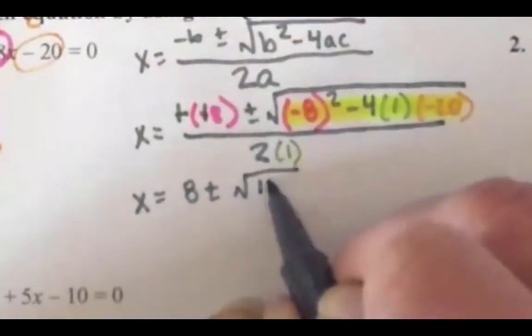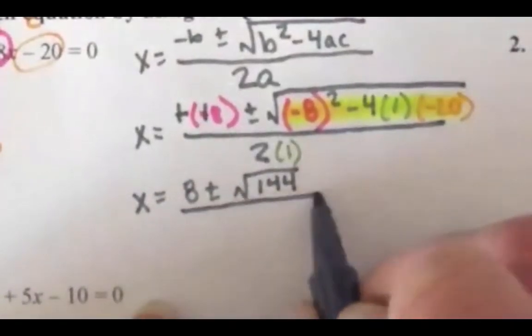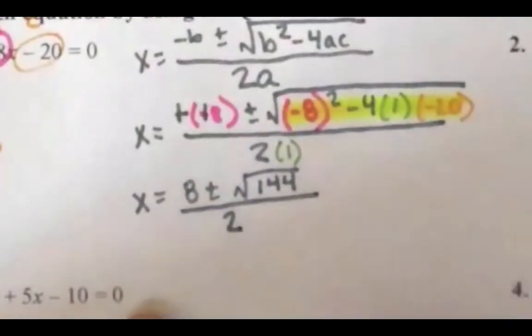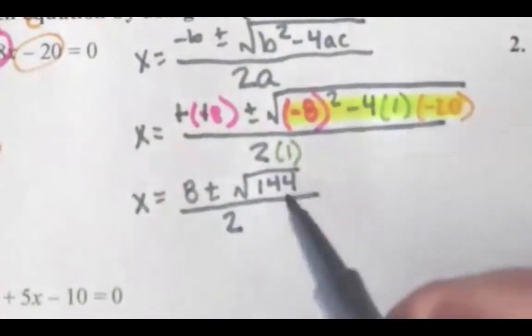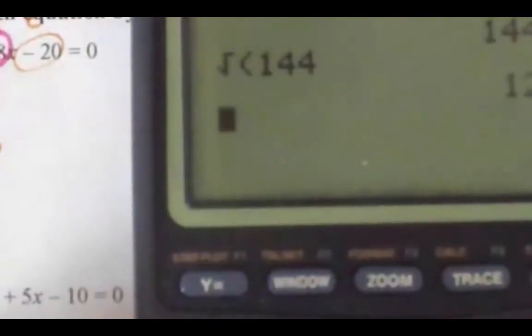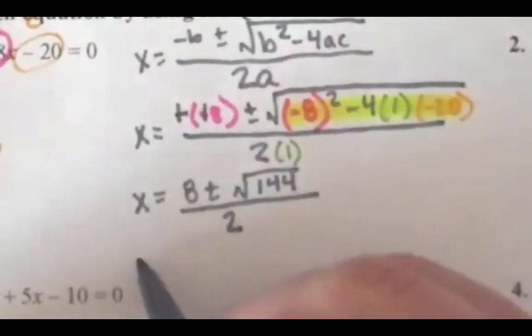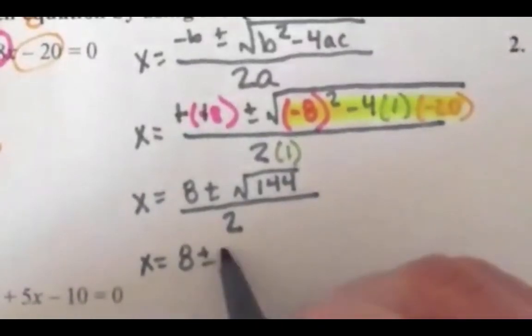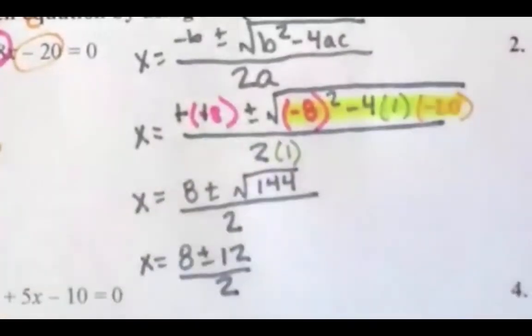Square root of 144 all over 2 times 1 is 2. The square root of 144, when you type that in, is 12. So I end up with x equals 8 plus and minus 12 divided by 2.